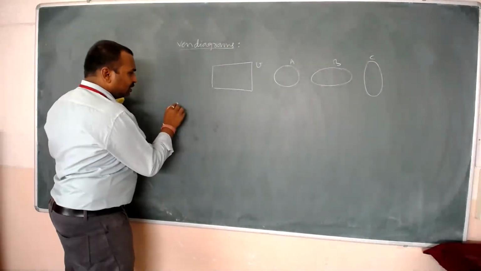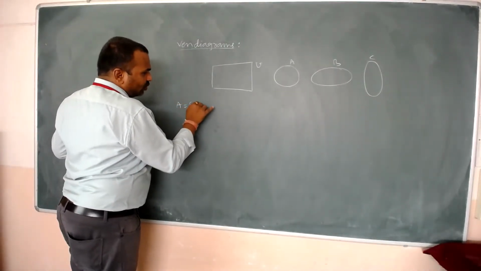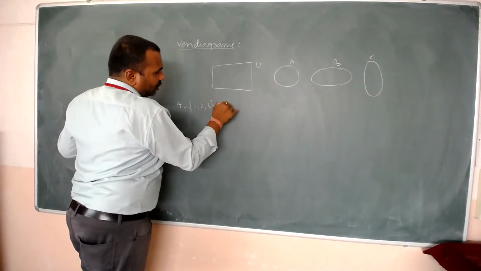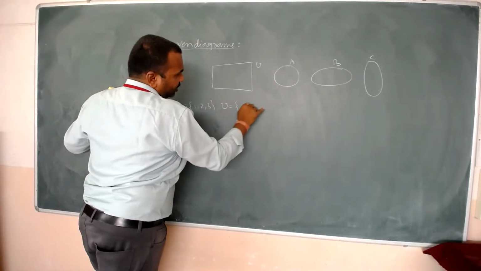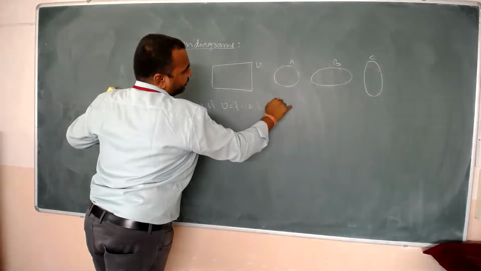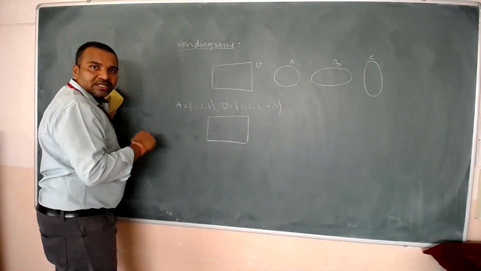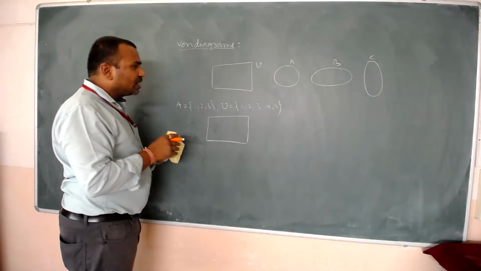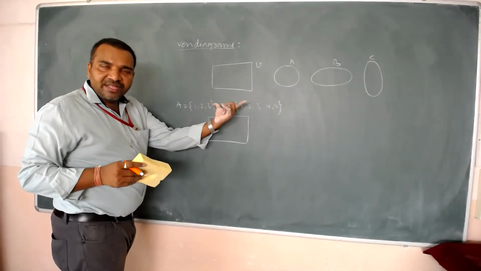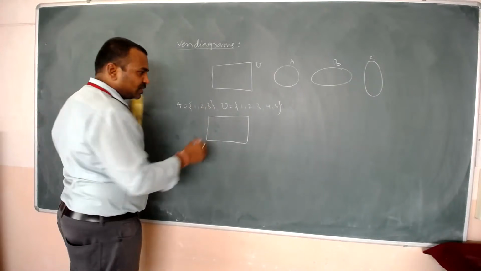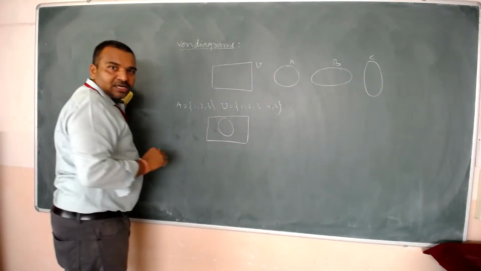I will explain that. See, A = {1, 2, 3} and the universal set U = {1, 2, 3, 4}. These are the two given sets, and I want to represent the relationship between them using diagrams. These diagrams are called Venn diagrams.